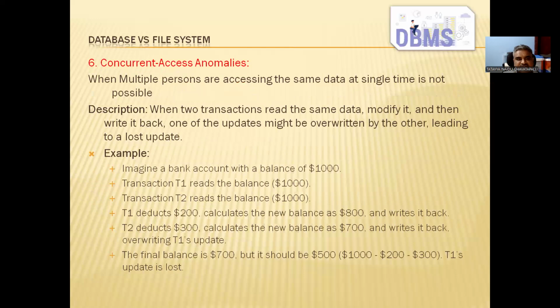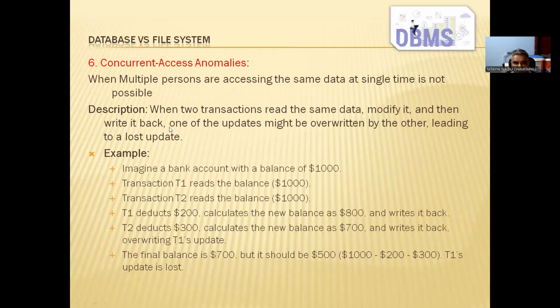The next one is concurrent access anomalies. Multiple persons accessing the same data at the same time is not possible in a file system.